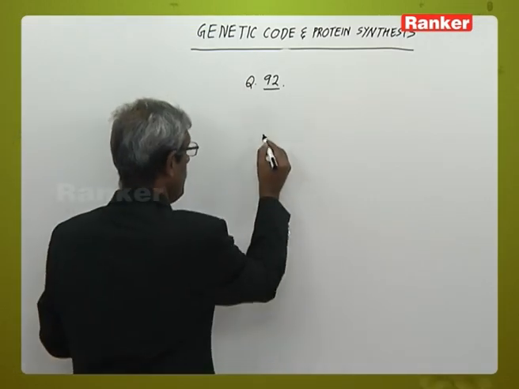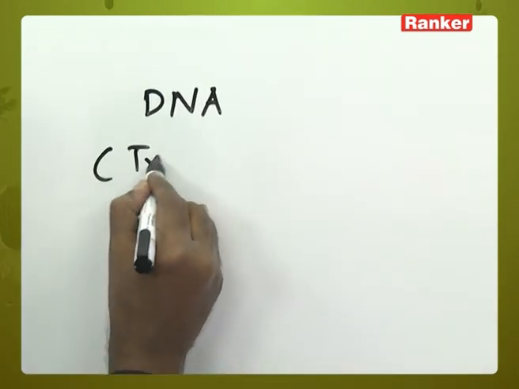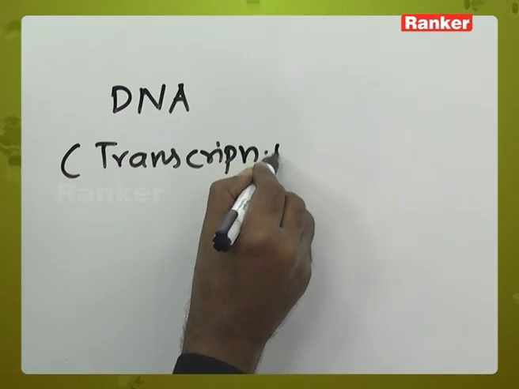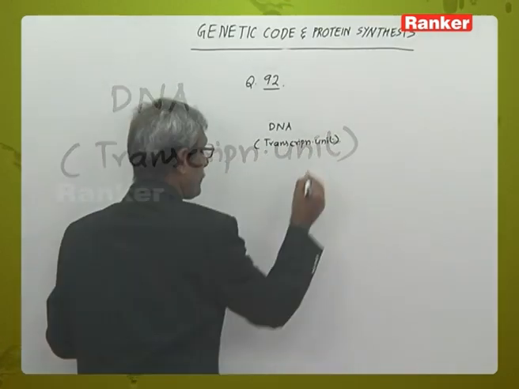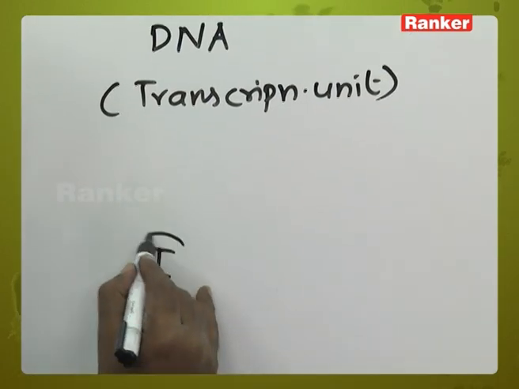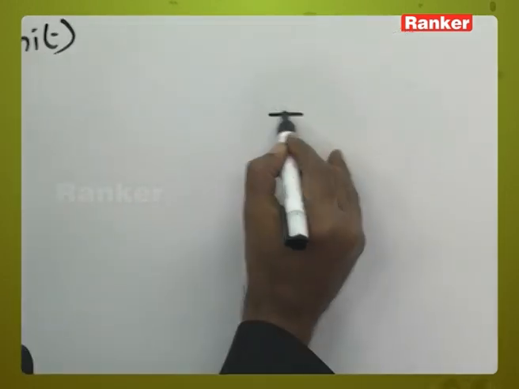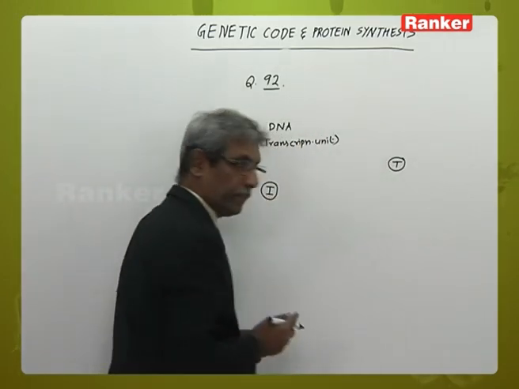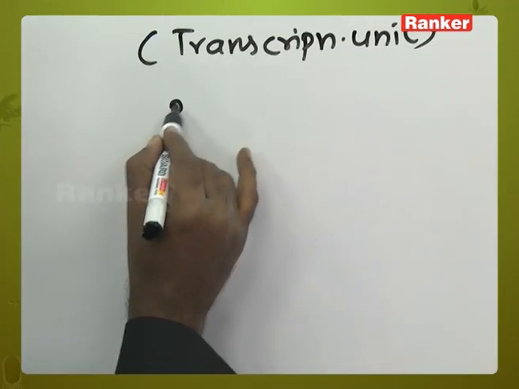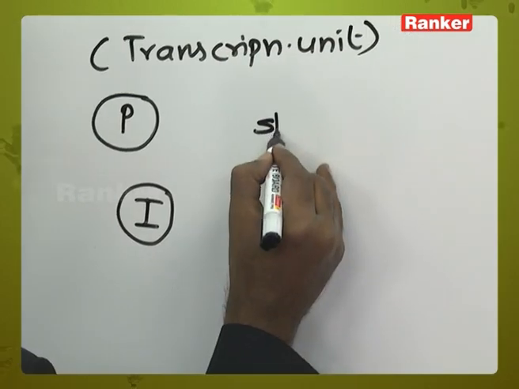When you take the DNA and look at DNA as a transcription unit, it has a terminator, a promoter, and a structural gene.